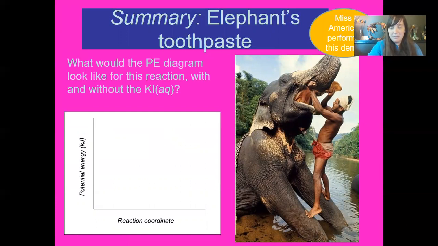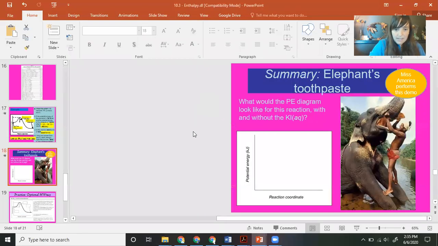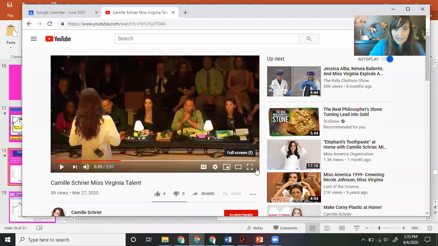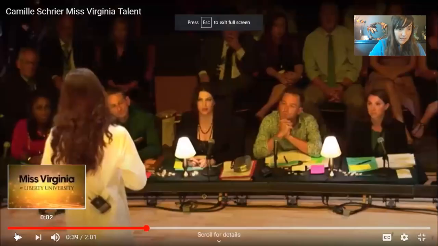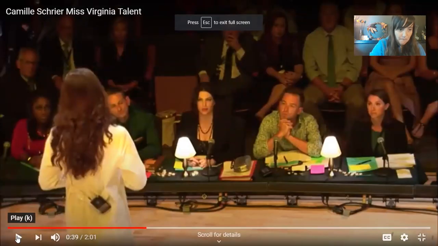She did it when she won Miss Virginia and then Miss America. And we're going to picture, what do you think the potential energy diagram would look like for this reaction, the elephant's toothpaste demo, with and without the potassium iodide added? So let's take a look here at Miss America's demonstration.